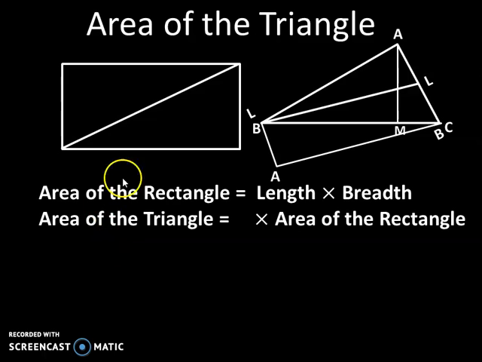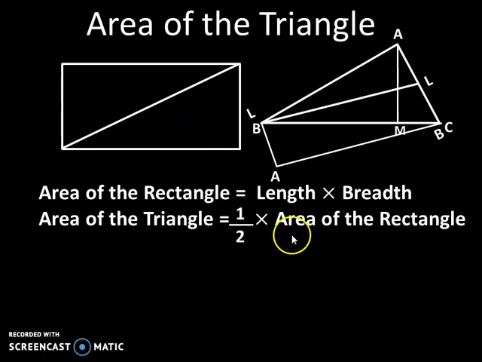This half portion is the triangle, so it will be the area of the triangle. The area of this triangle is 1/2 multiplied by the area of the rectangle. The complete area of the rectangle has been divided into two parts, and one portion is the fraction 1/2.